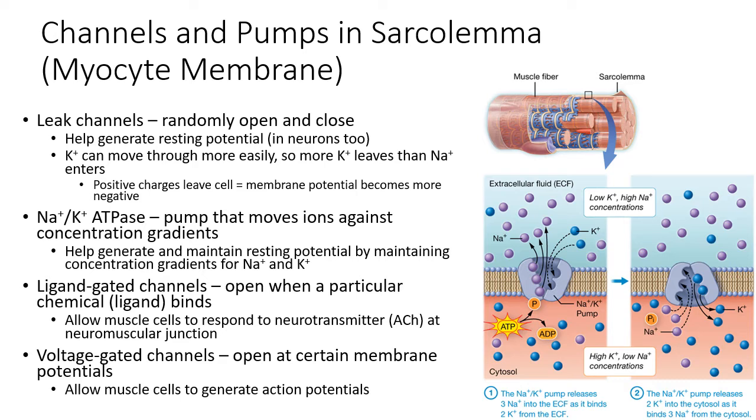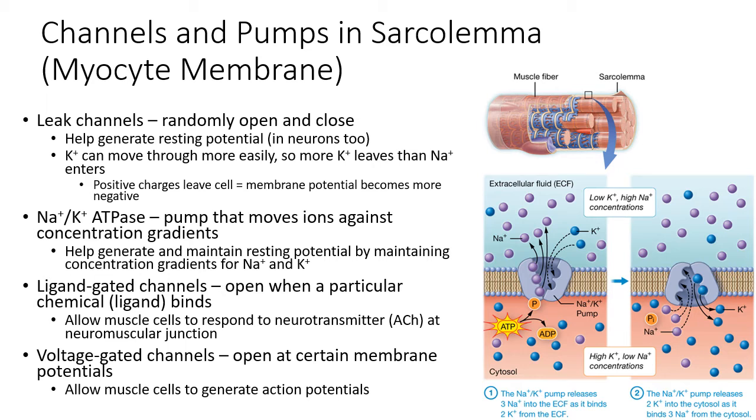The sodium-potassium pump is also important in establishing the resting membrane potential, but it also just maintains the ion gradients, the concentration gradients for ions. That's probably its most important role. So the sodium-potassium ATPase uses ATP.